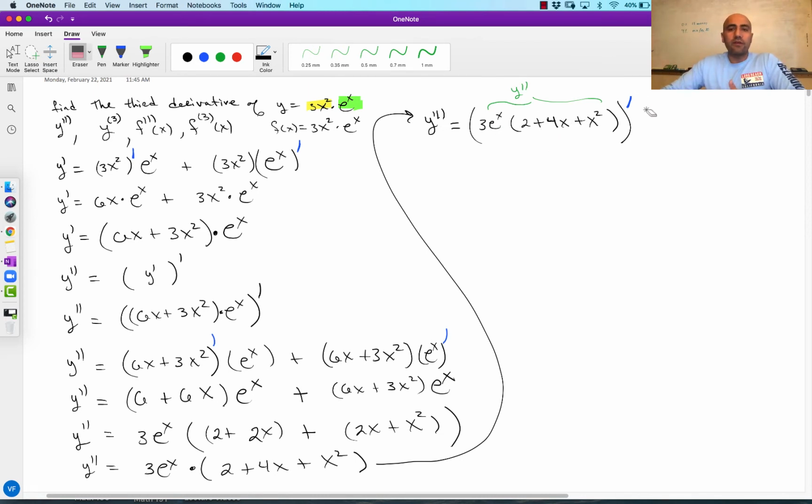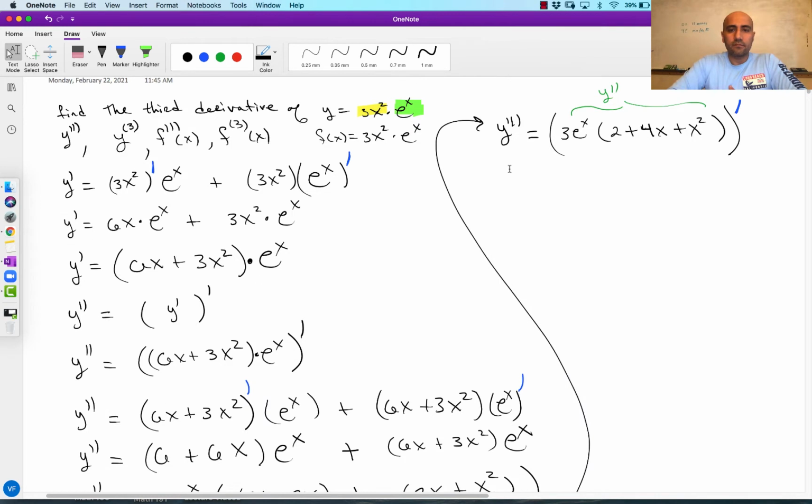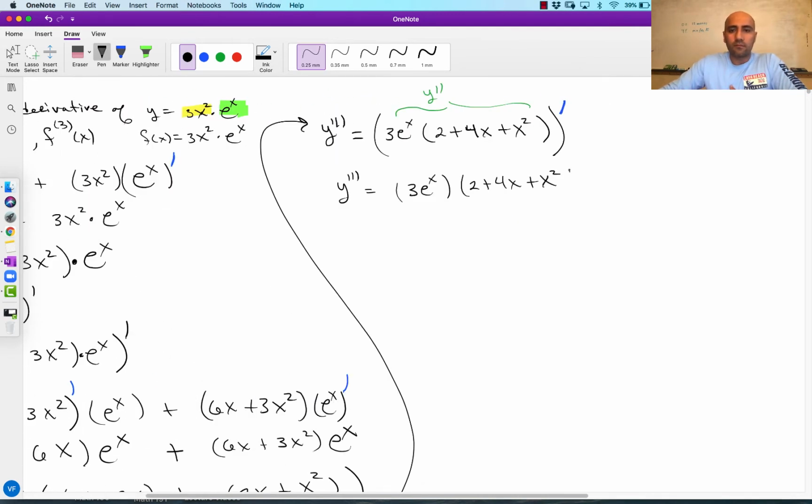And now this is going to be the product rule once again. I just copied it twice, and I'm going to take turns taking derivatives. It's going to be the derivative of the first function, leave the second one alone. Now leave the first one alone, take the derivative of the second one, right?